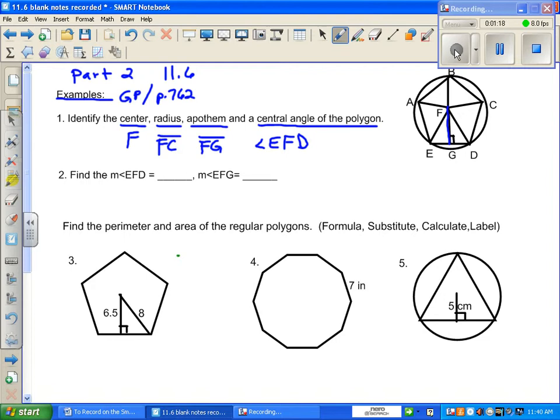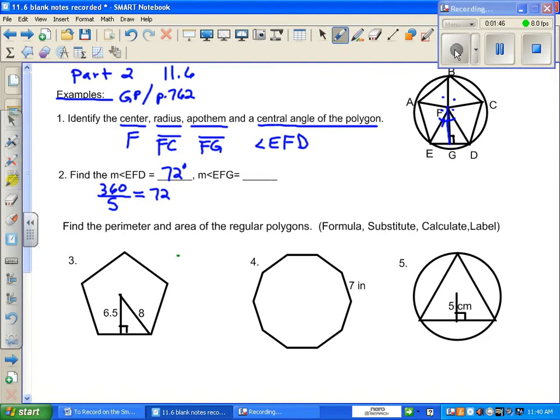Alright, to find the measure of angle EFD, you would take 360 degrees, divide it by 5 because there's 5 equal triangles, looking at these 5 equal triangles in that regular pentagon. So if you divide that by 5, you get 72, so it's 72 degrees. Then the angle EFG, E to F to G, is just one part of that larger triangle.